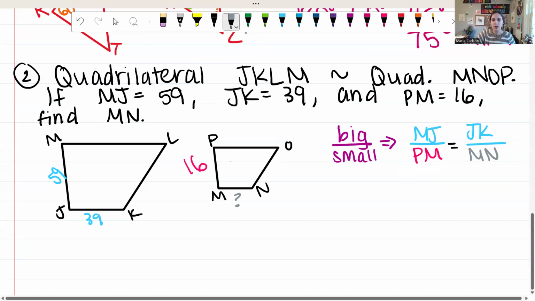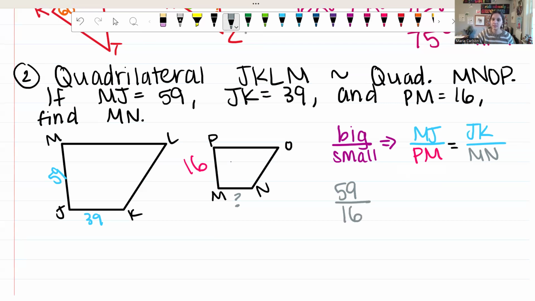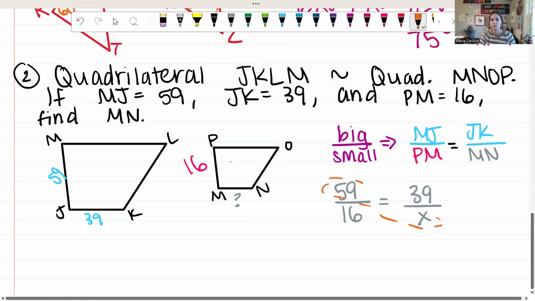Now let's fill in what we know. So MJ is 59. That will be over 16 because 59 turns into 16. And then 39, that is going to turn into whatever MN is. I'm just going to abbreviate that with an X because we don't know. And now I can solve. So I am simply going to cross multiply here.